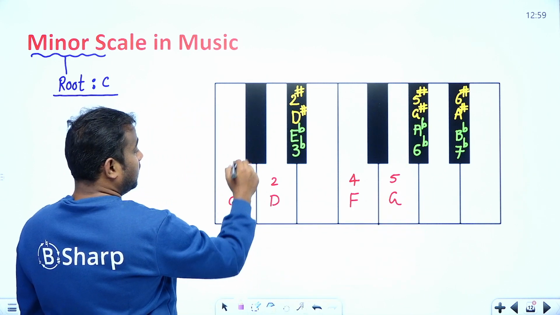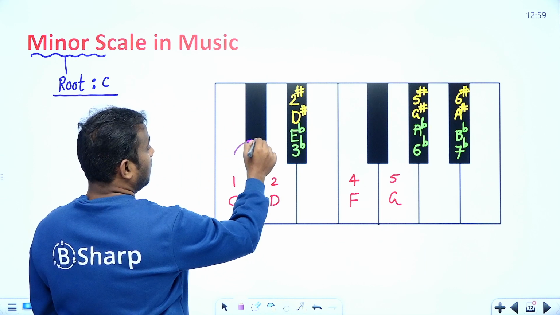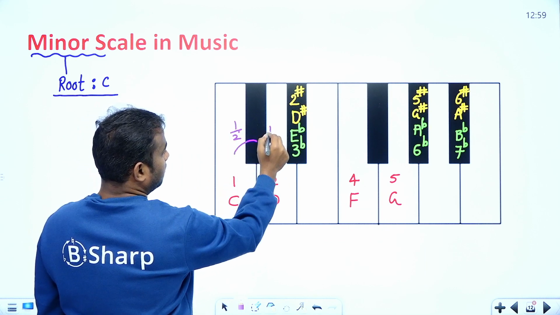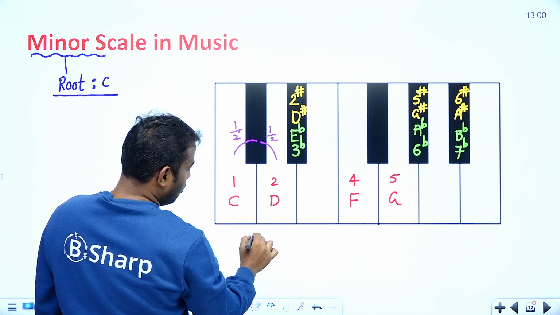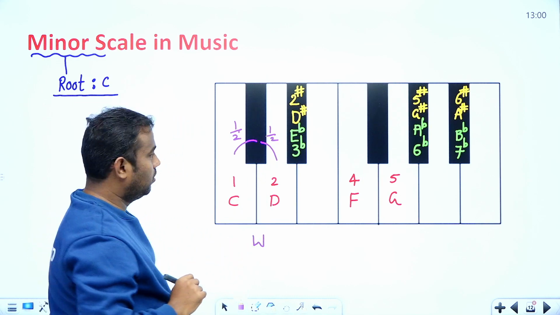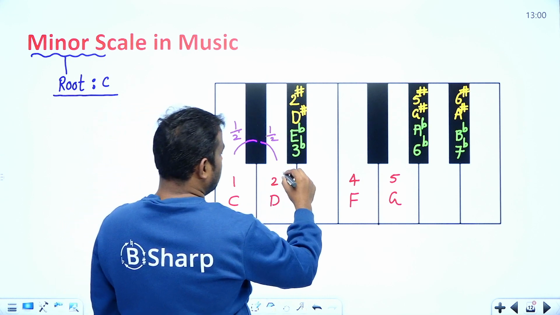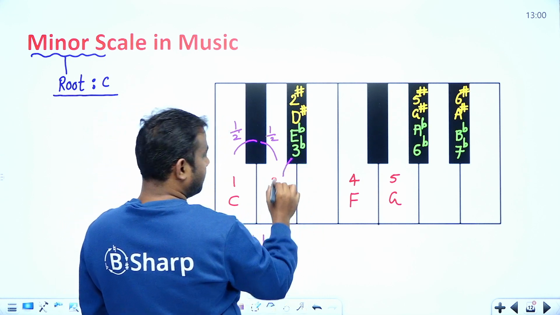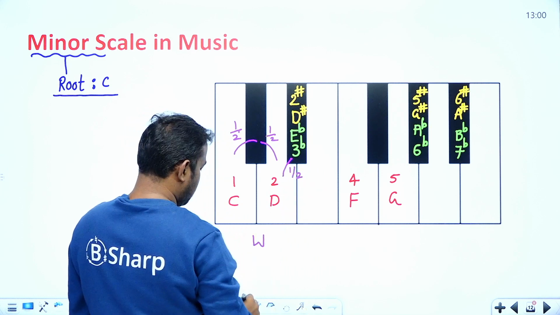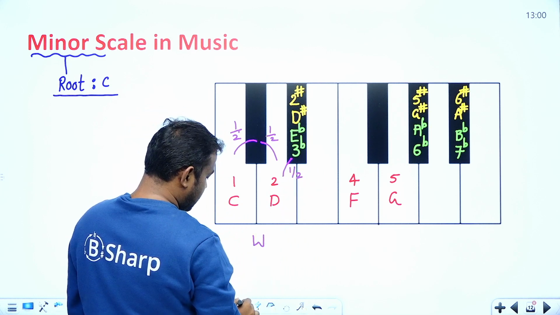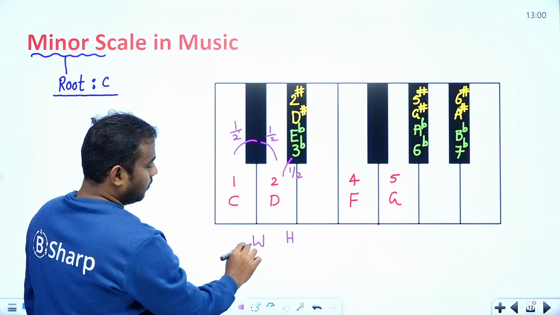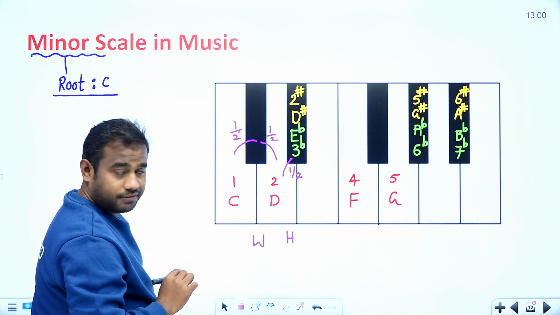The distance between C and D is one half tone and another half tone, so totally it is one complete whole. Likewise, after 2, the third key is only a half. So we can write this as one whole tone, one half tone difference.